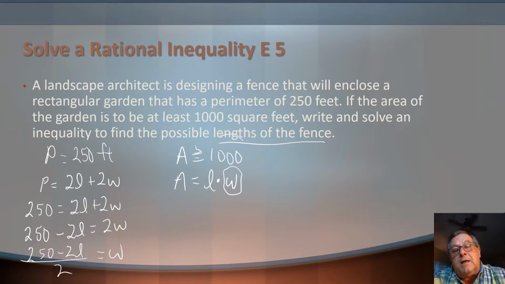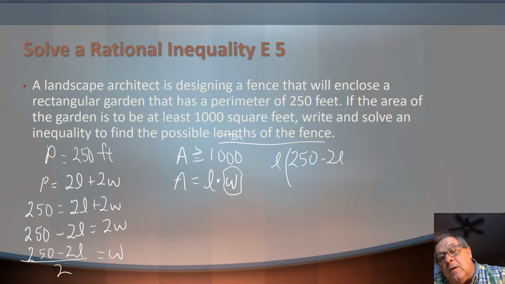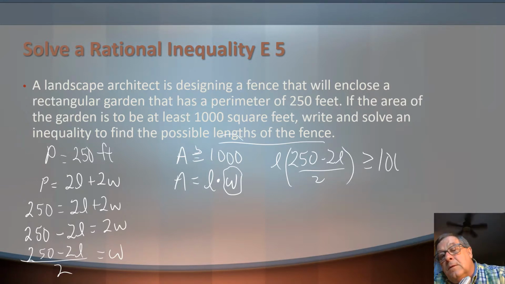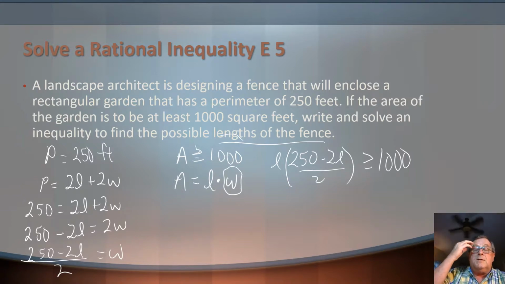All right, so the area's got to be at least 1,000. So I could then set this up as L times 250 minus 2L over 2 is greater than or equal to 1,000, substituting what I solved for W over there.